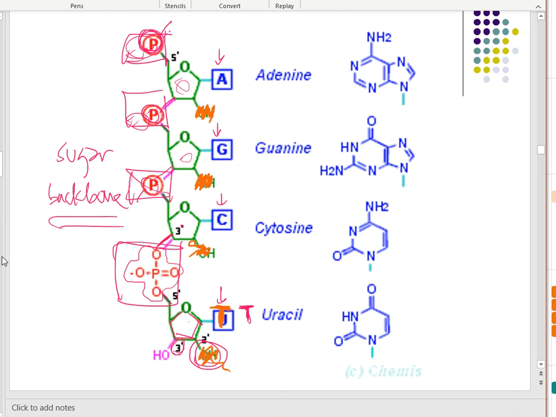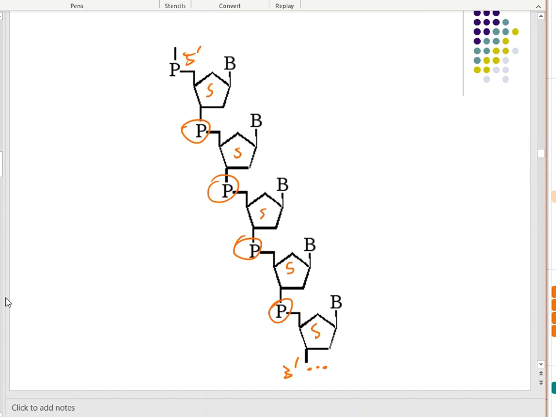If I go back to this diagram, notice how they've drawn the bases over on the right-hand side, and they kind of make them point straight out to the right. So, in a quick diagram, that line would represent my sugar backbone with the phosphates.